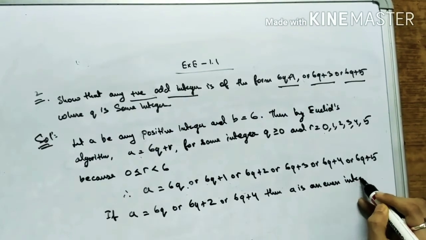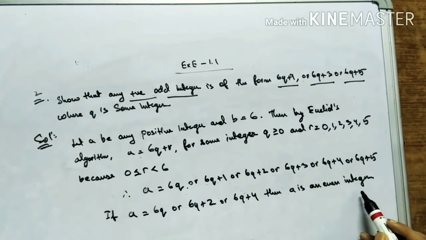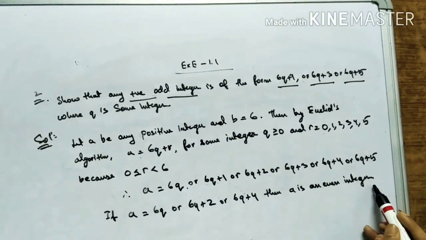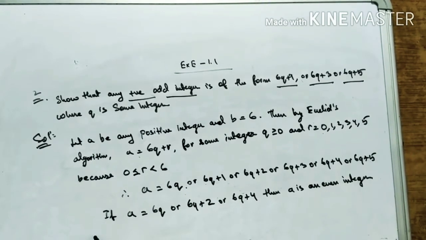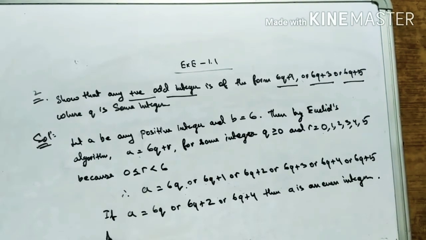Okay, then a is an even integer. If a is 6q, or 6q plus 2, or 6q plus 4, then a is an even integer. So this one full stop I will give.